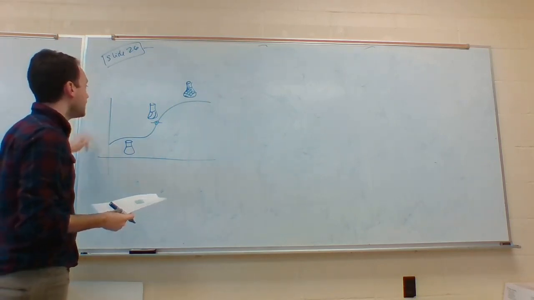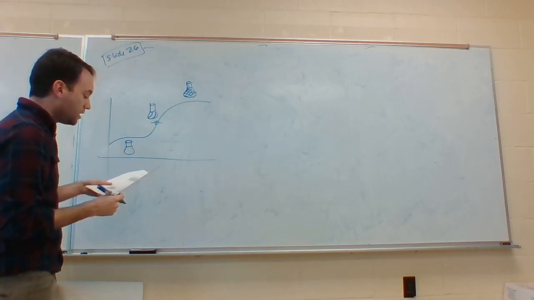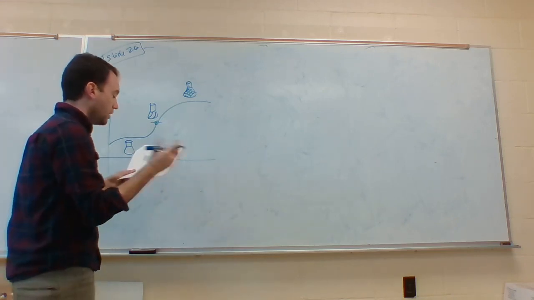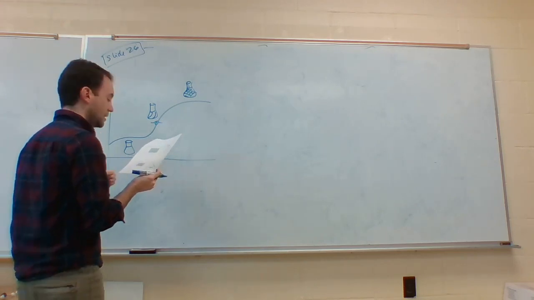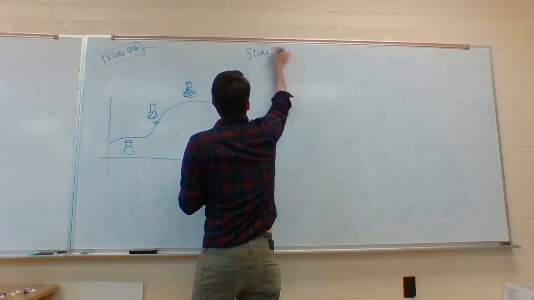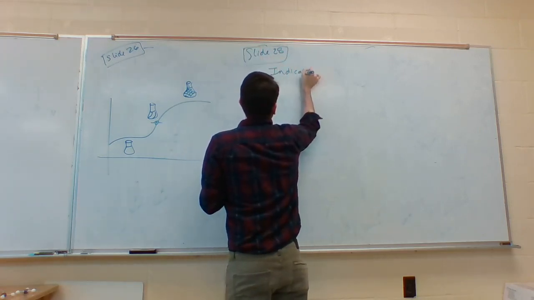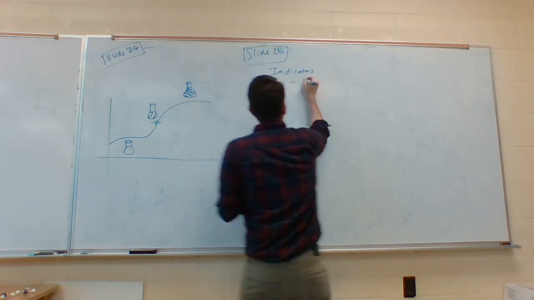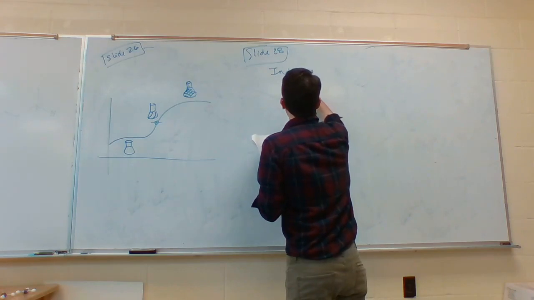So in this case, each of these will have a different set of ranges. You can see the pH ranges of common indicators on the next slide, which would not be slide 27, but slide 28. Slide 28 shows you a whole bunch of indicators. Notice that they're all useful at different ranges.